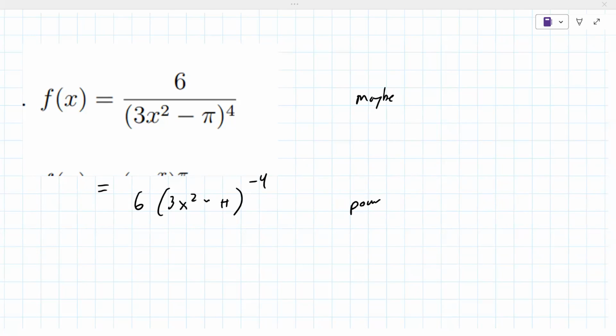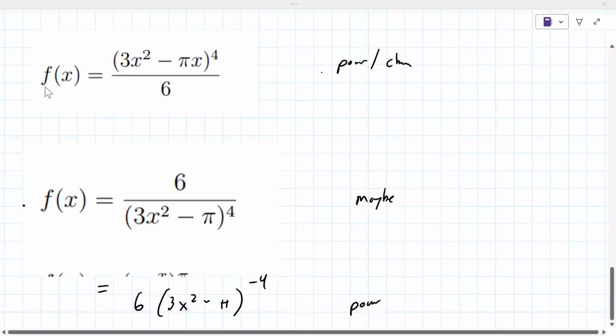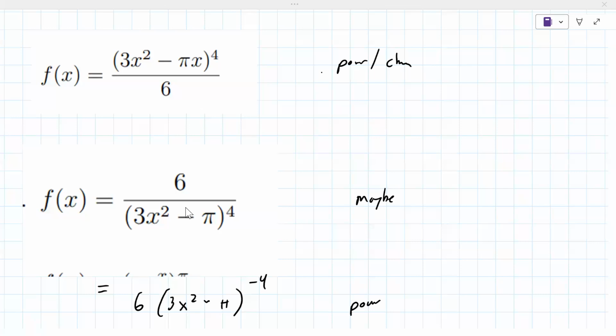So like if it's 12 over x cubed, could I just move the x cubed to the numerator and use power rule? Yes, of course.